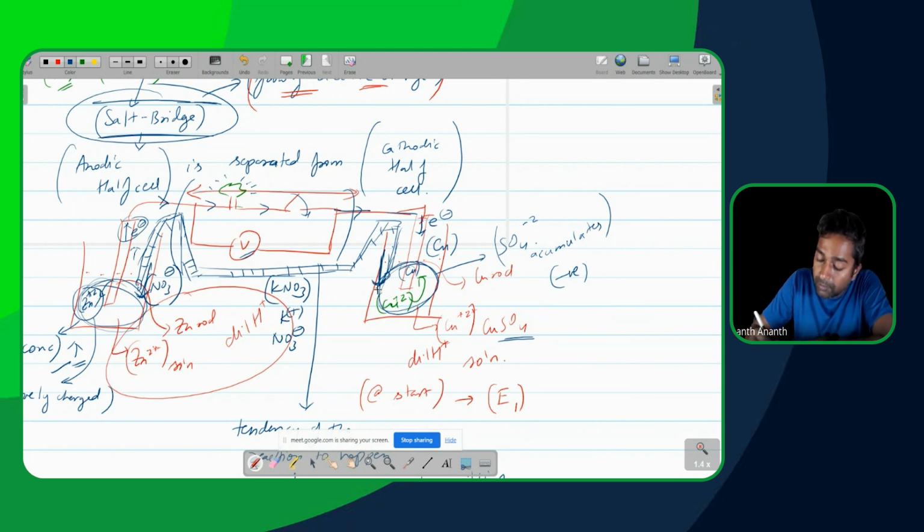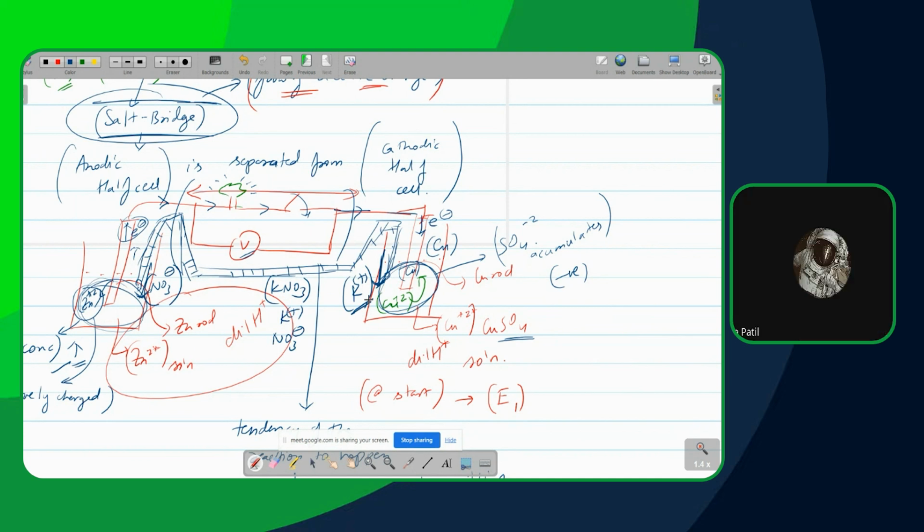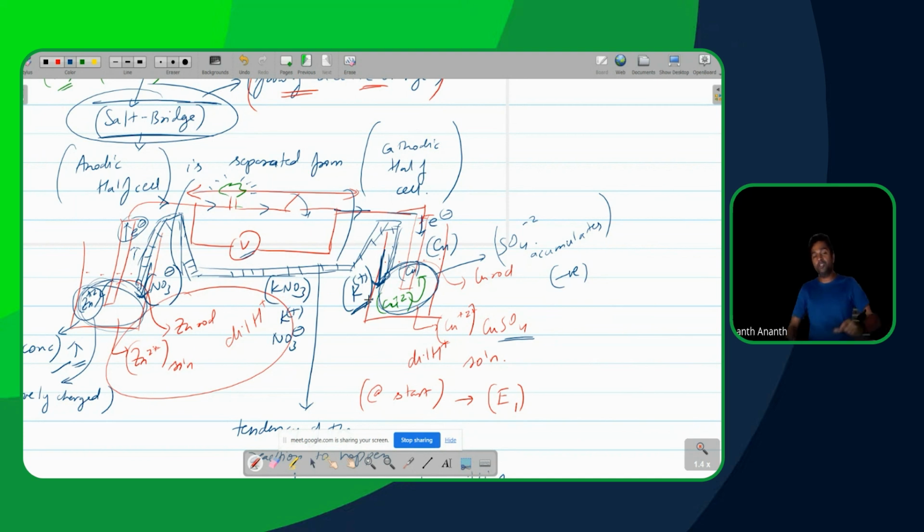K plus. Good. So the K plus ion will go inside and balance out that sulfate. You understand what's happening by the salt bridge clearly, beta? Yes. So if these two are here, what will happen? Now my voltage will work properly for a longer period of time. Yes or no?